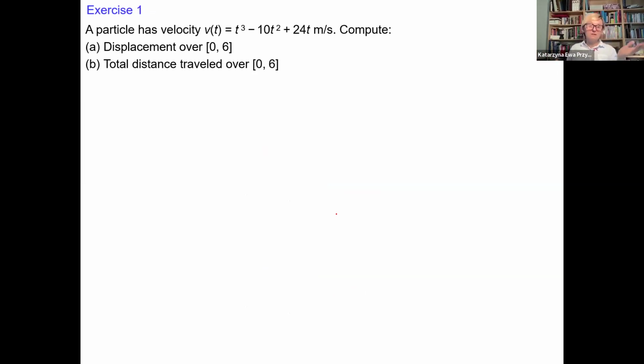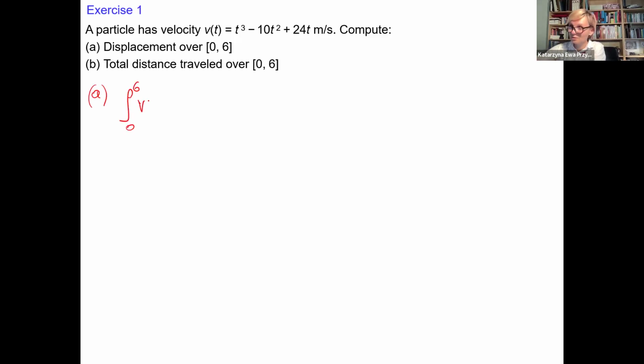Okay, we have the velocity of the particle, and we have to find the displacement and total distance traveled between 0 and 6. Nice function to be integrated, no U substitution, just the power. But what we will do for the displacement, do we really have to think about positive, negative?